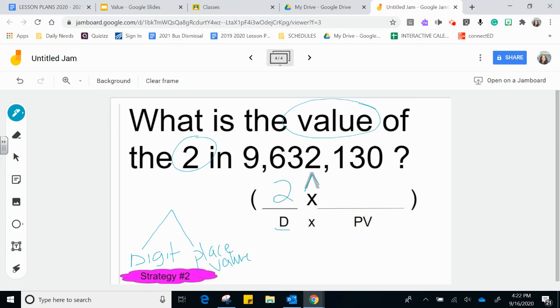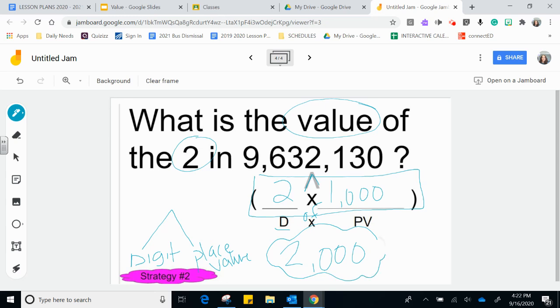And this 2 is also in the thousands place, so I'm going to put 1,000 there. And so to get the answer, I'm going to say, well, what is 2 times 1,000? Or multiplication means of. So what are 2 groups of 1,000? Well, that would be 2,000. And that would be the value of the 2. A 2 in the thousands place is worth 2,000.